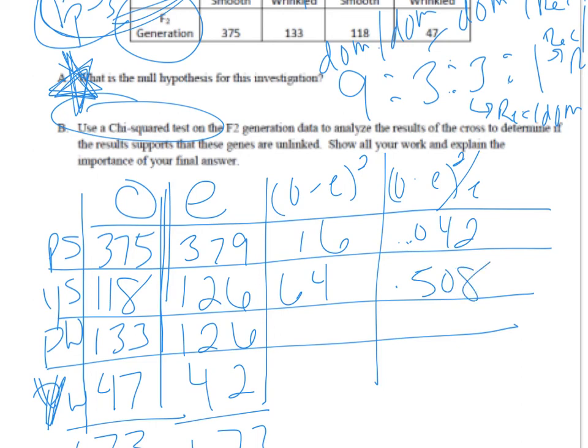0.508. 133 minus 126 squared gives me 49. So 7 squared gives me 49 divided by 126 again. I'm at 0.389. And then 47 minus 42 is 5.